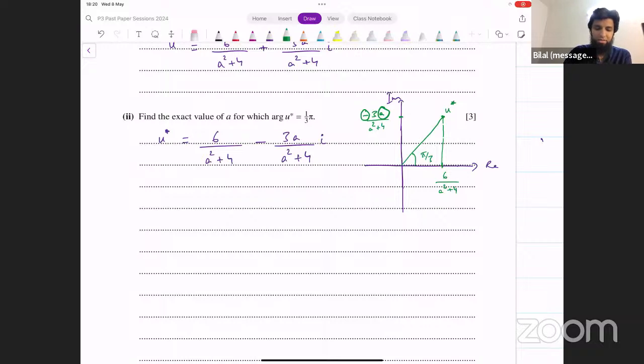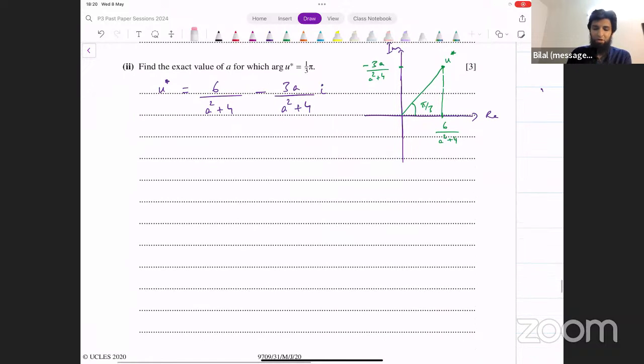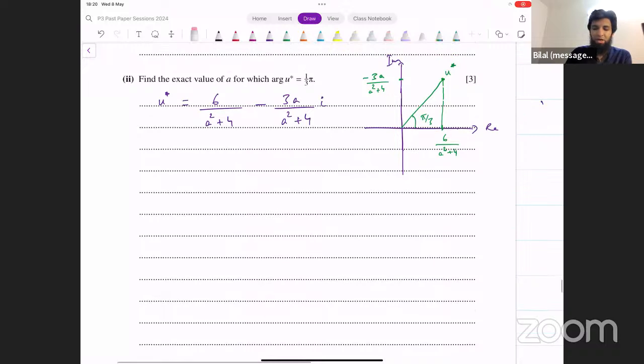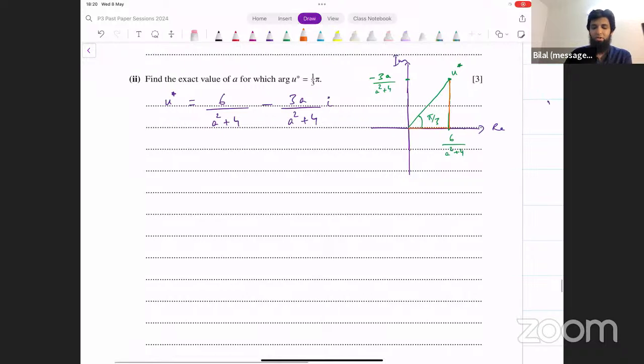Okay, but you'll understand that when we actually do the steps for this. We've got the real part here, and this is the imaginary part, right? I've just marked them on the figure and represented that the angle is pi over 3. Now think about this. This is the perpendicular and this is the base. We know the angle.